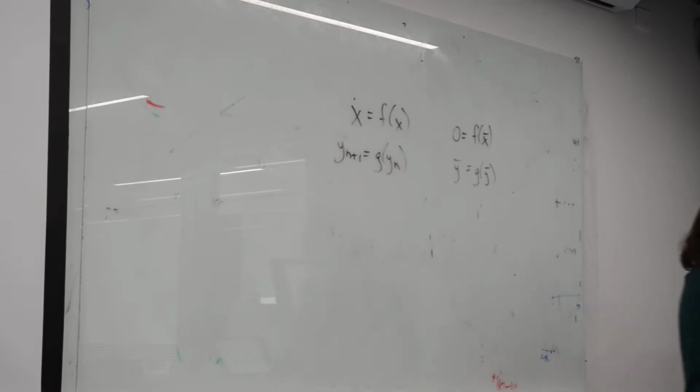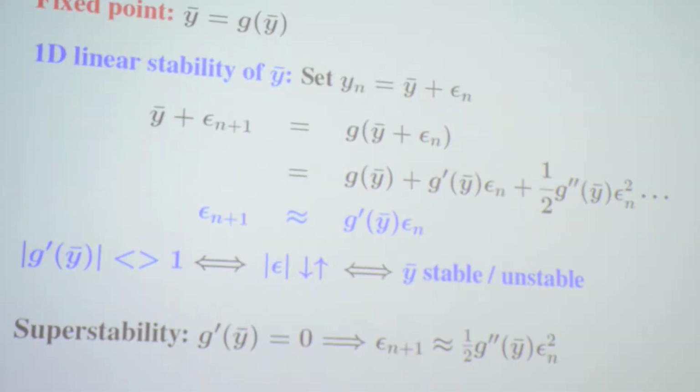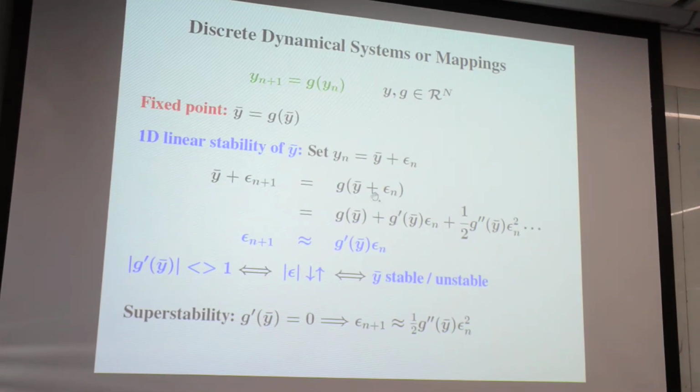As before, we look for the fixed points and for linear stability. The fixed point is something that, when g acts on it, doesn't change. Then we set y to be the fixed point plus a perturbation epsilon, and look at the evolution of the perturbation. So y bar plus epsilon_{n+1}, that's y_{n+1}, equals g of y bar plus epsilon_n.